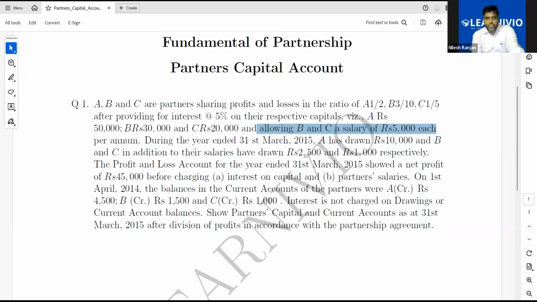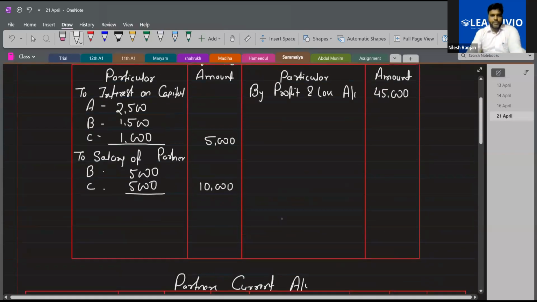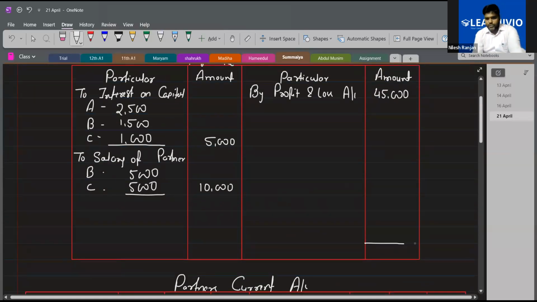There is no interest on drawing, and current account balance shows partners' capital account, current account and division of profit. So total is 45,000.